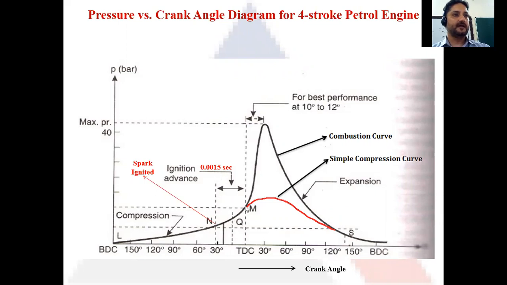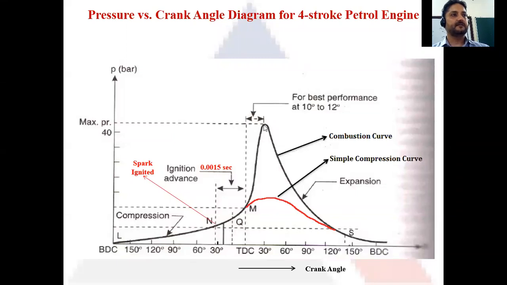From M to the maximum pressure, around 44 or 45 bar in a petrol engine, the increase in pressure is very steep. The maximum pressure is reached around 10 to 12 degrees after the top dead center, when the maximum pressure inside the combustion chamber is achieved.